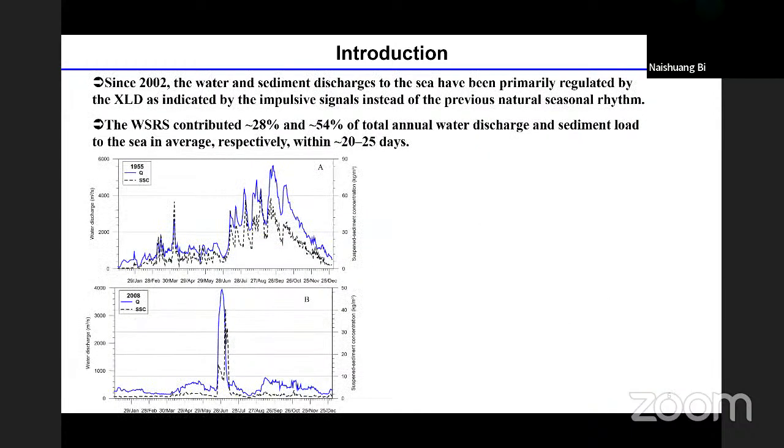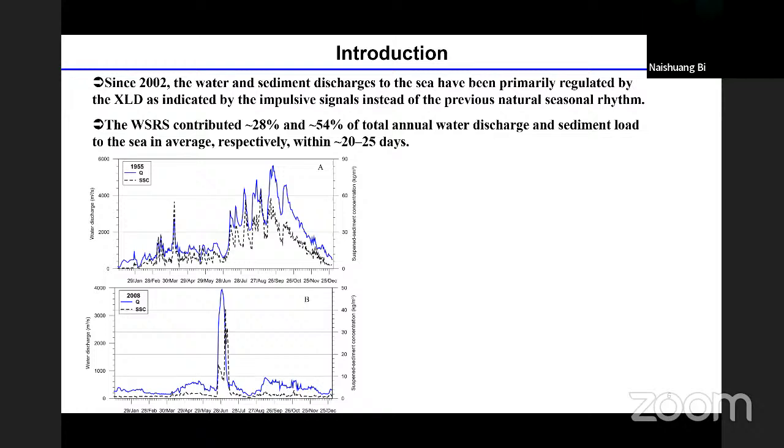And actually, since 2002, the water sediment regulation discharge to the sea has been regulated by the Xiaolangdi, as indicated by impulsive signals instead of the previous natural seasonal rhythm. So this figure shows a natural condition.